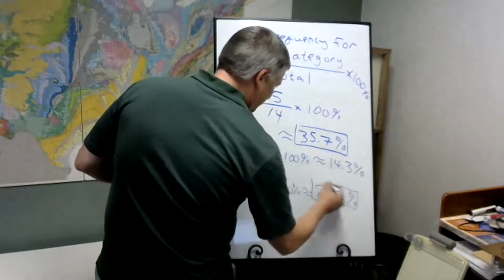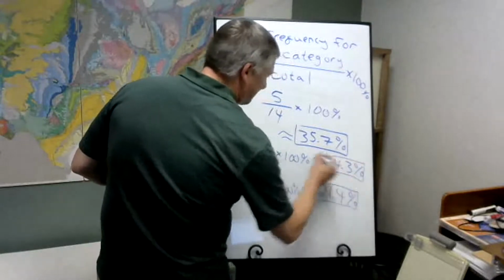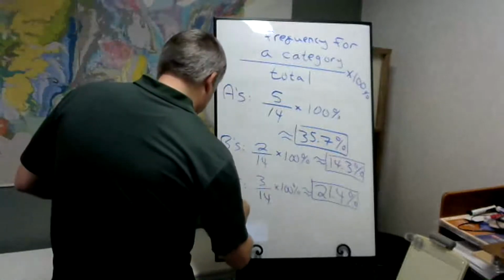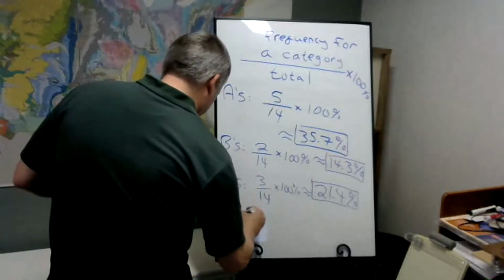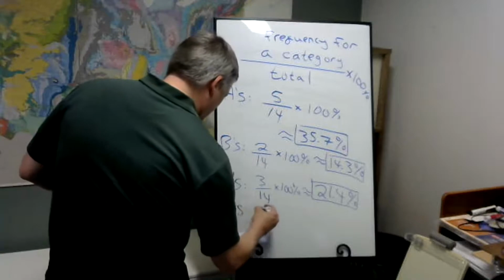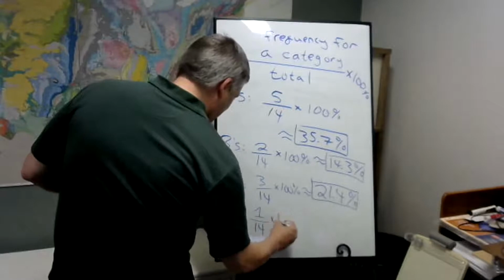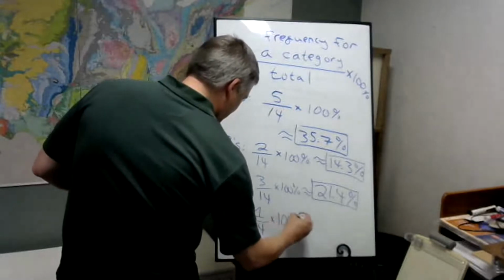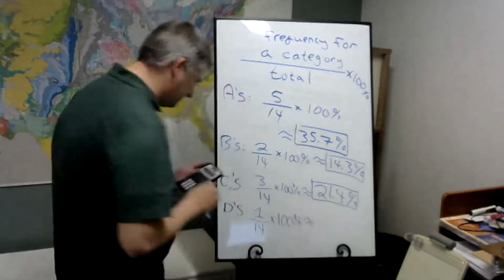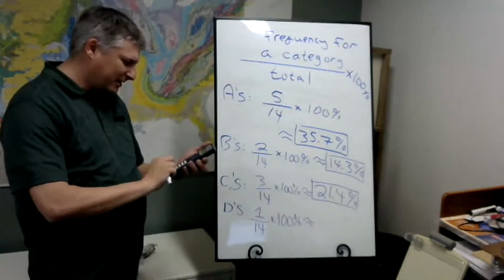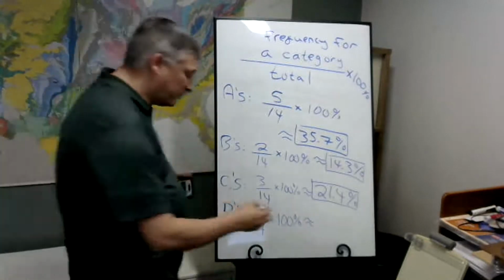I'll box this one. D's. There was 1 D. So 1 divided by 14 times 100, about 7.1%.